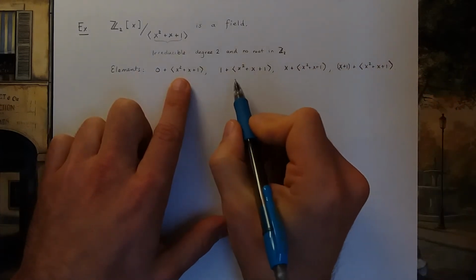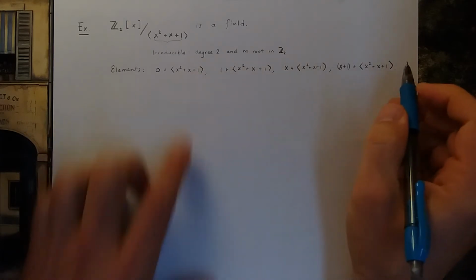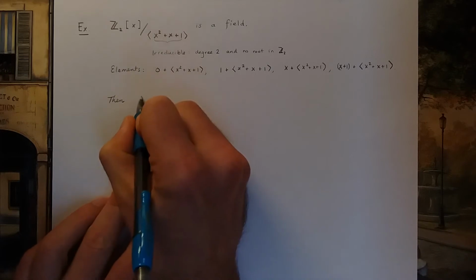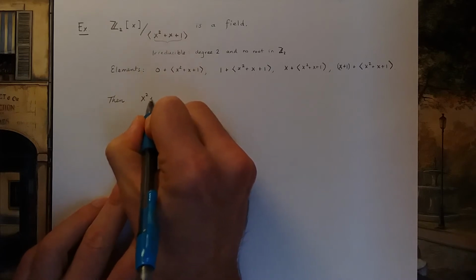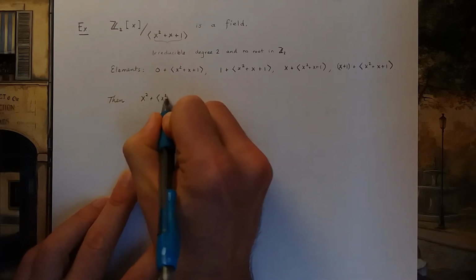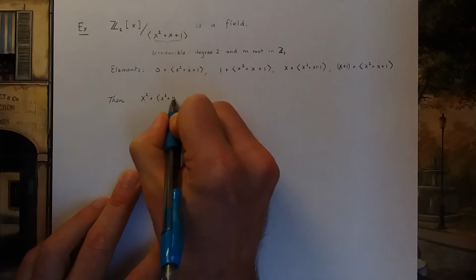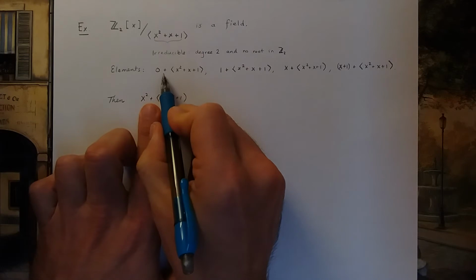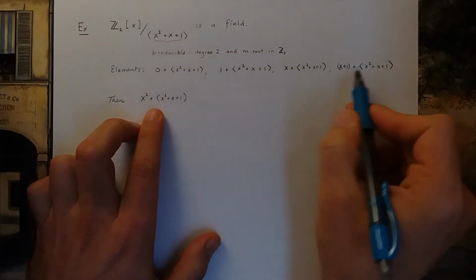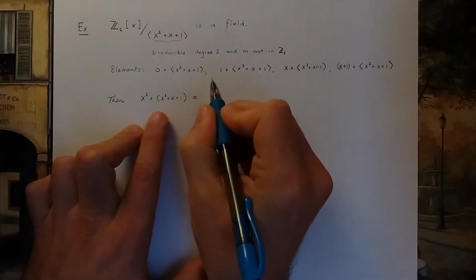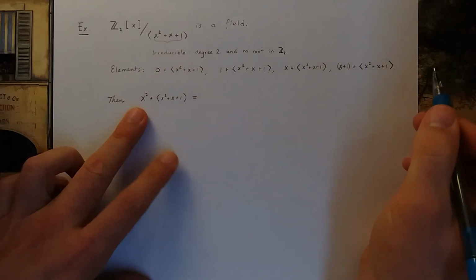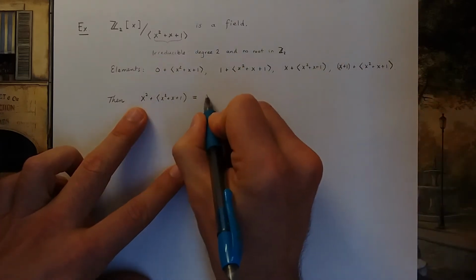Now, why are those all the elements? Let's look at the coset x squared plus my ideal. Why isn't this a new element? Well, look at what you could do. Every time you have a degree 2 polynomial or higher, you can do this.